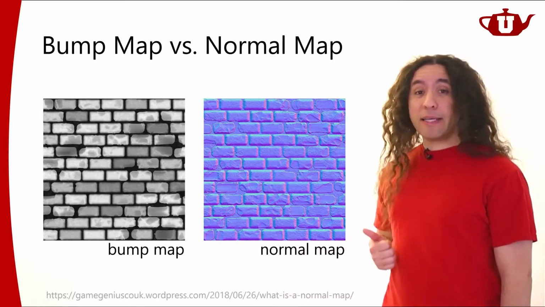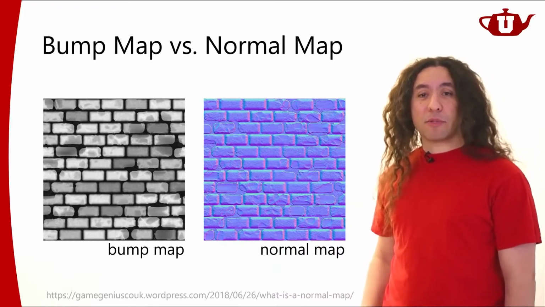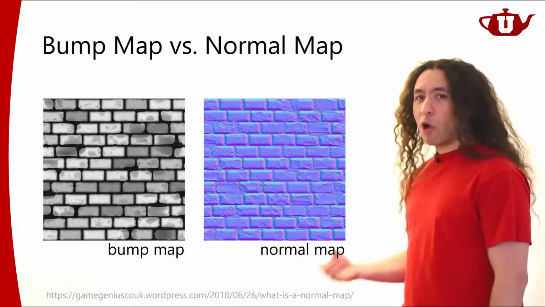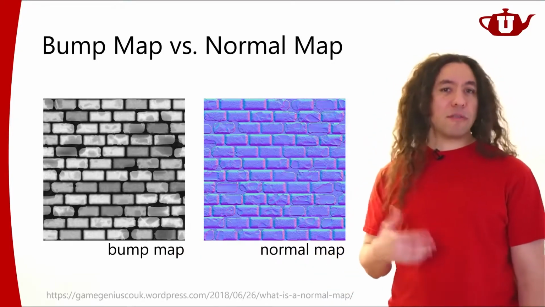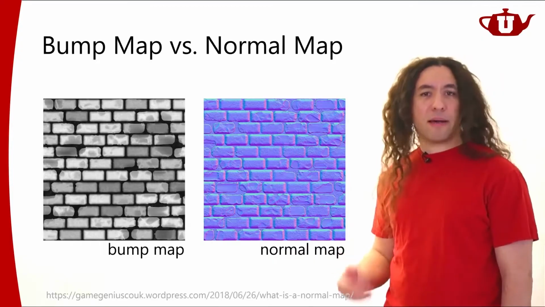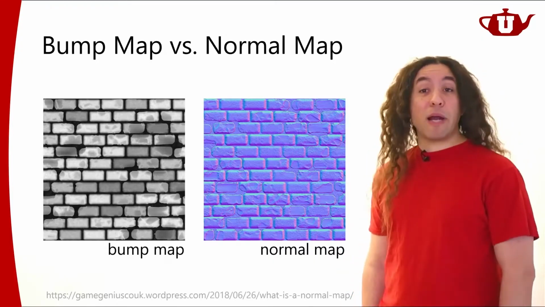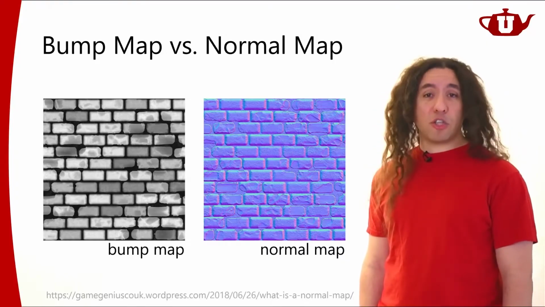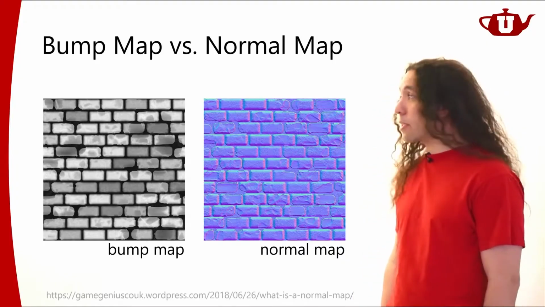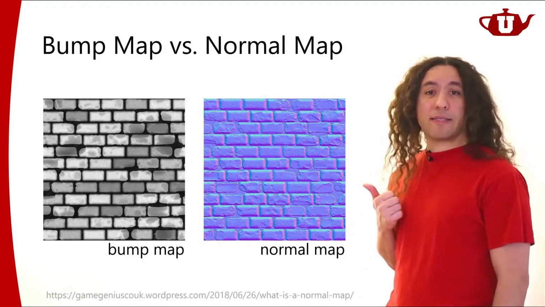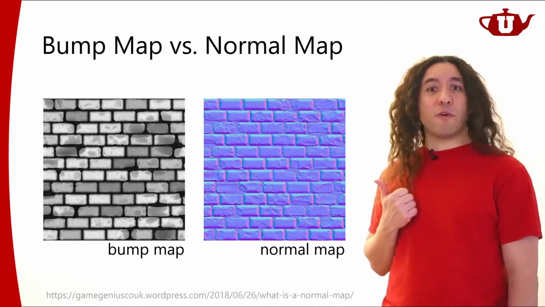So that's why you will see a lot more detail with normal maps. So bump mapping is the old technique. Normal mapping is the modernized version of this old technique, which is a little bit more powerful. But for both of them, we're actually not modifying the geometry at all. We're just rendering the same old low-resolution geometry. All we're modifying is the surface normal we use for shading.